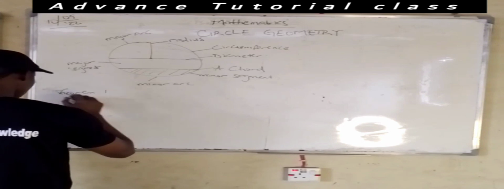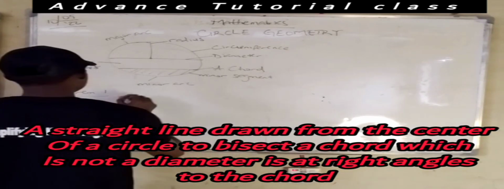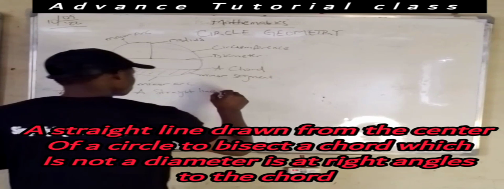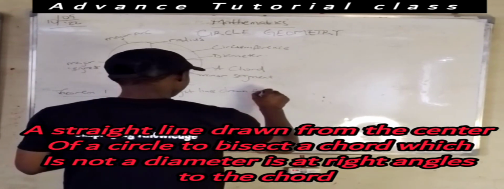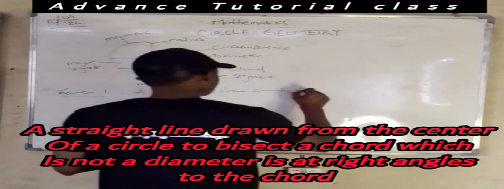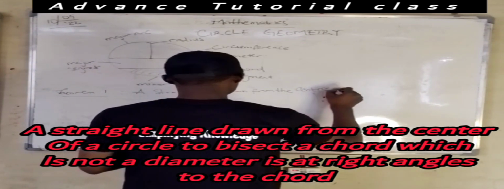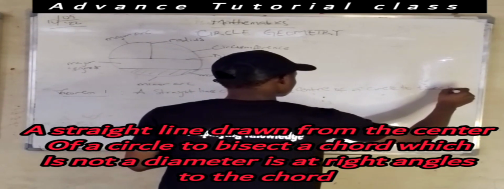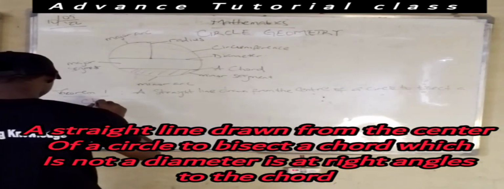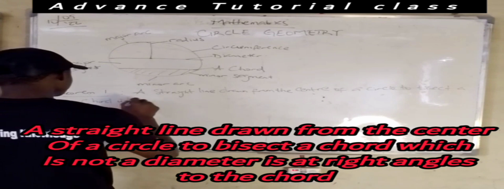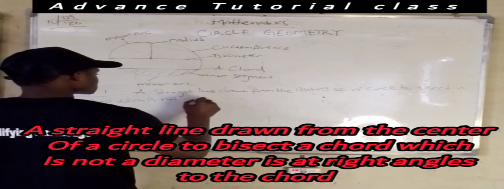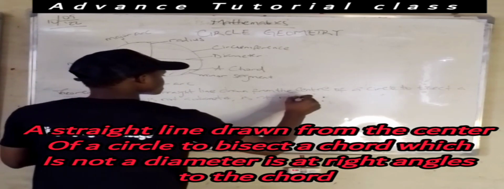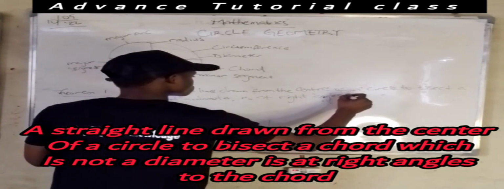Theorem 1: a straight line drawn from the center of a circle to bisect a chord which is not a diameter is at right angles to the chord.